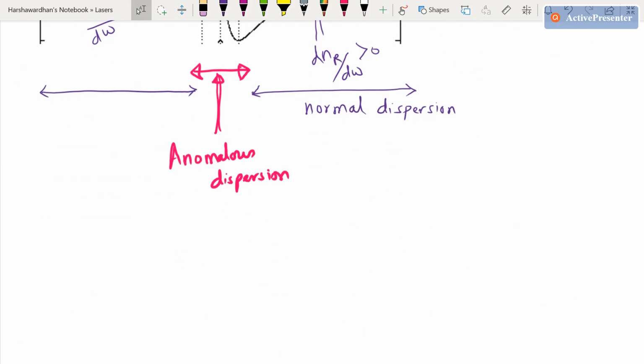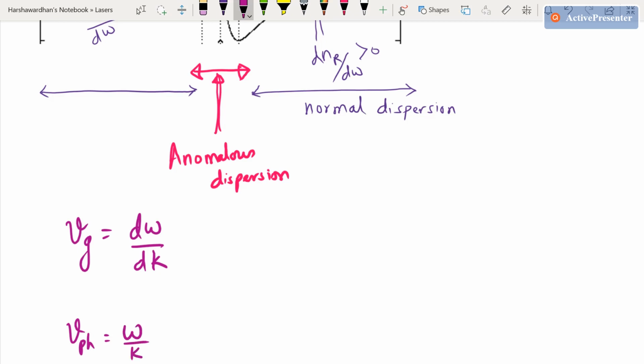For example, you have derived in the assignment the notion of a group velocity, right? Remember, the group velocity I defined as d omega over dk, in comparison to the phase velocity. Remember, v phase was simply omega over k, right? So if you look at group velocity, you see that it can be rewritten in this form, where it is c by n plus omega times dn over d omega, right?